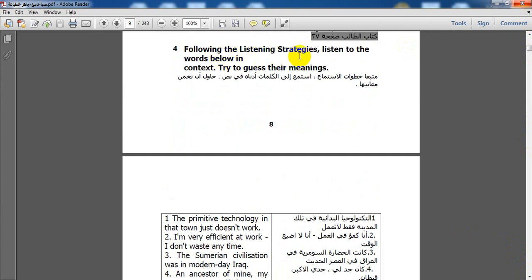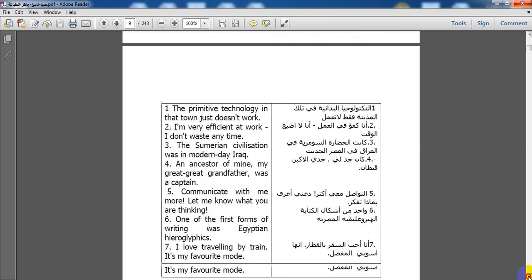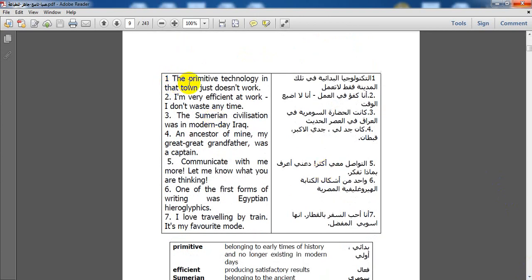Following the listening strategies, listen to the words below in context. Try to guess their meanings. 1. The primitive technology in that town just doesn't work. 2. I am very efficient at work, I don't waste any time. 3. The Sumerian civilization was in modern-day Iraq. 4.